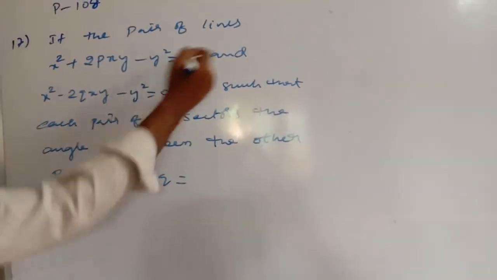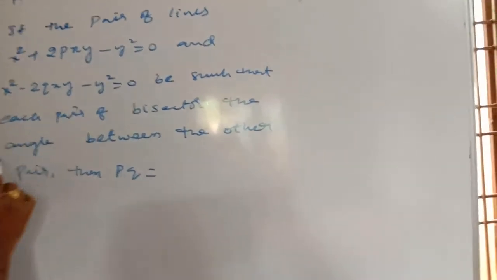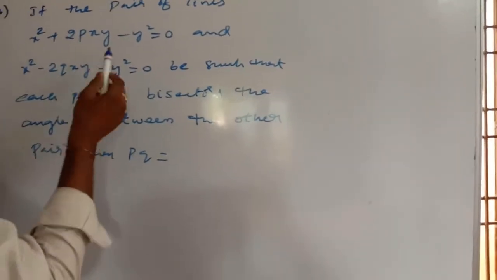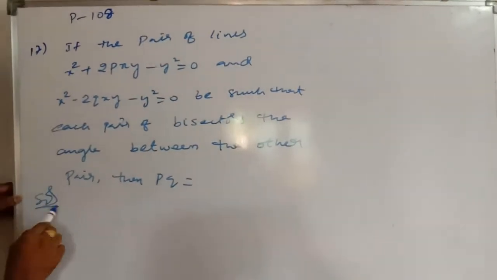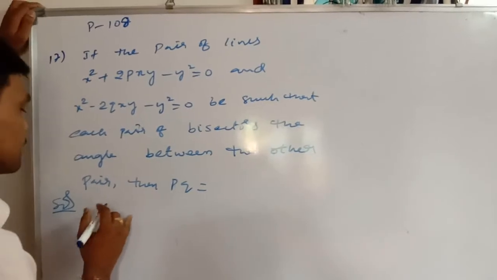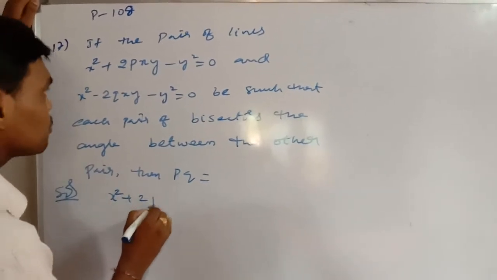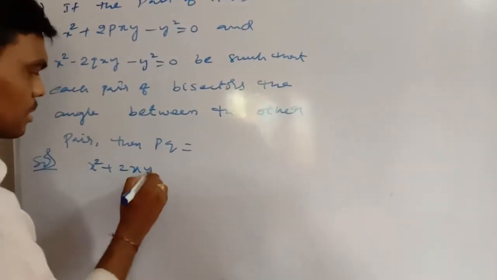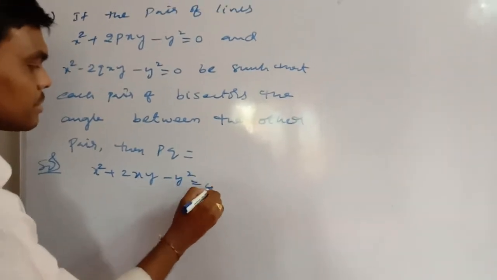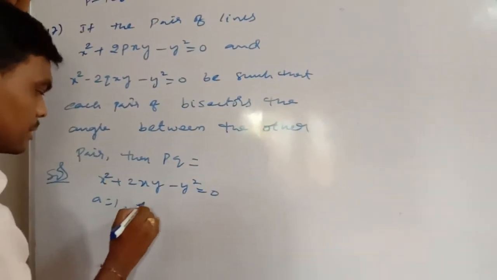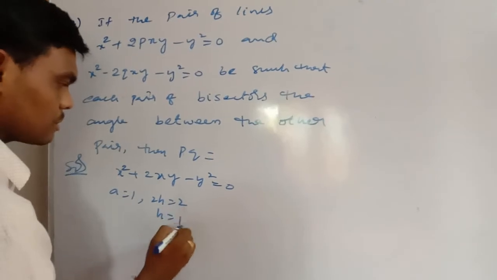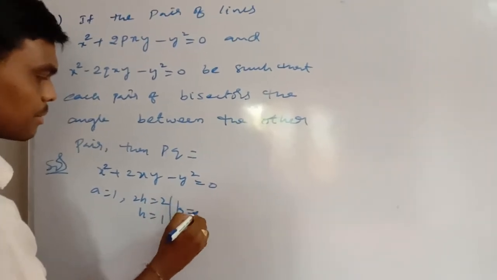I already explained the same problem. Now here the first pair of lines is x square plus 2p xy minus y square is equal to 0. Here a is 1, 2h is 2, h is 1, and b is equal to minus 1.